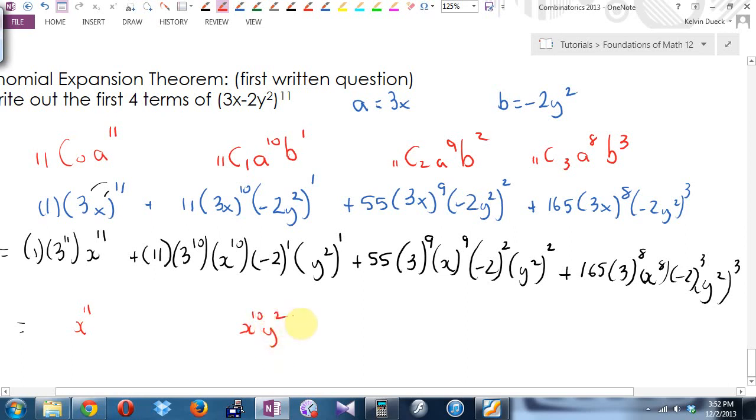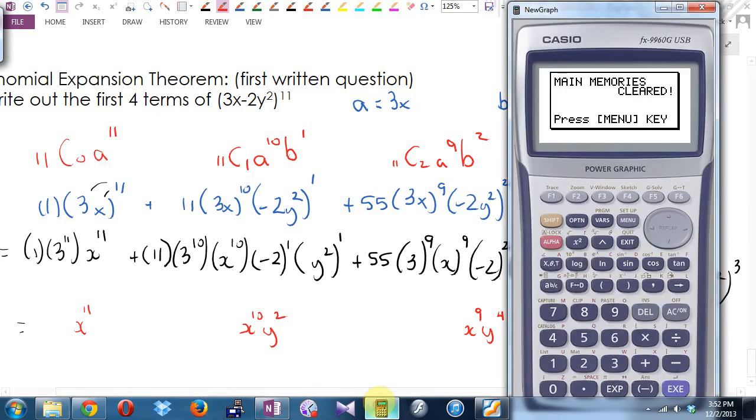See it? What am I going to end up with in the third term? X to the 9th, y to the, careful, 4. And in the last term, there's going to be an x to the 8th, y to the, careful, 6. It's the coefficients that are the tricky part.